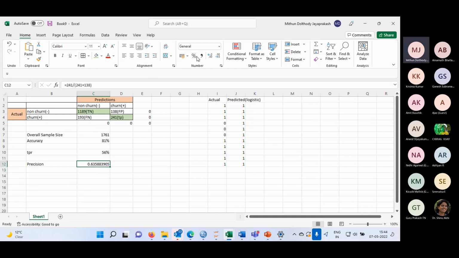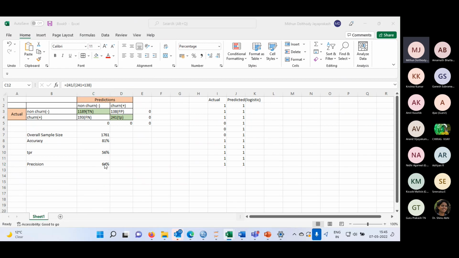This is your precision, guys. Are you able to understand? Even if you remember the rest of the things, just remember what is TN, FP, FN, and TP. Then the overall percentage accuracy is nothing but the sum of the diagonal elements divided by the total. Precision is around 64%.